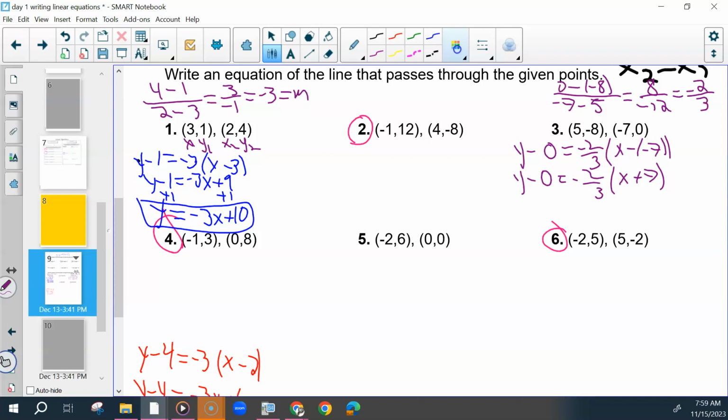Sometimes that happens. This is just going to become y equals negative 2/3 x. What is that fraction? Negative 14 over 3. So our equation, y equals negative 2/3 x minus 14 over 3. It's not a nice equation, but that is our equation.